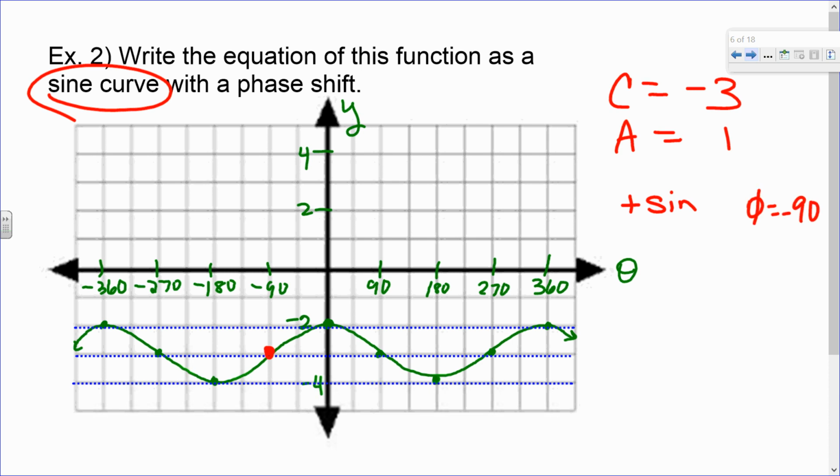My variable this time is y and theta, so y equals center line -3. I'm doing a plus sine graph, so +1 sine theta minus -90 degrees.